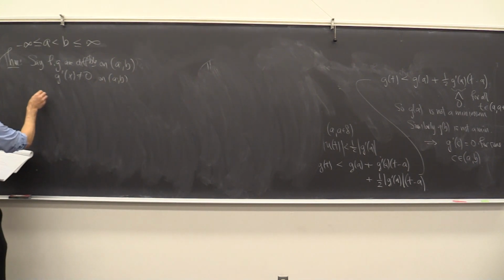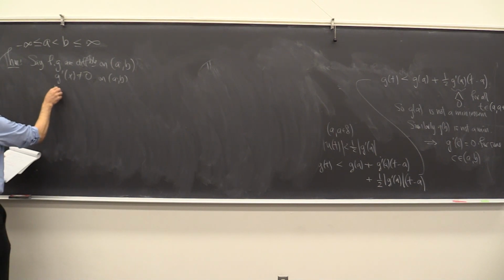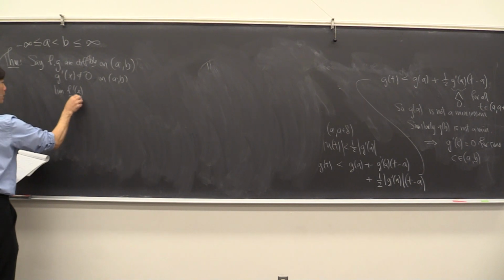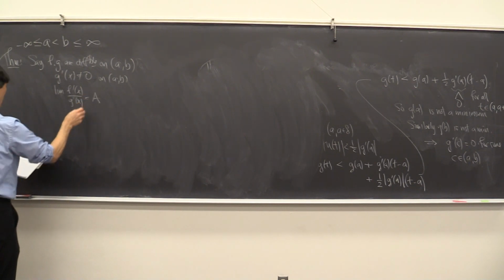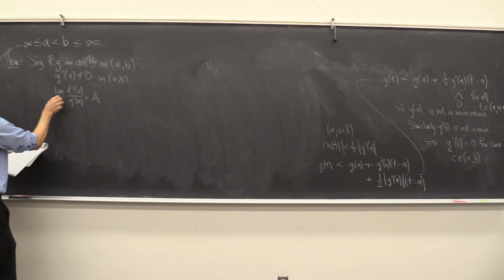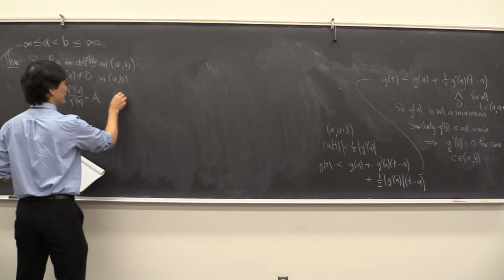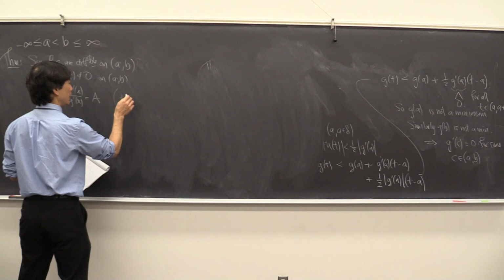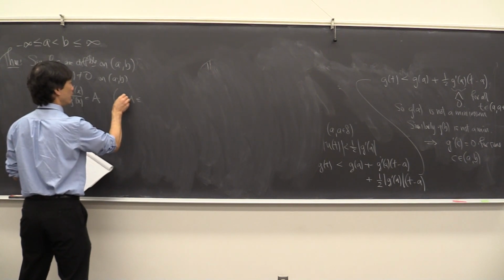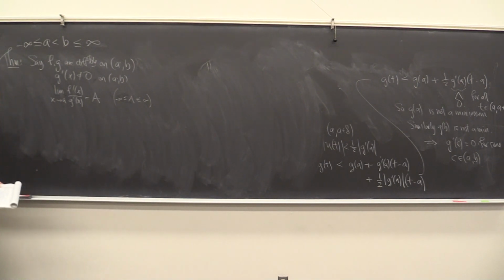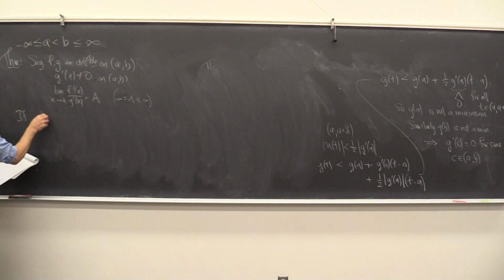Okay, and suppose that the limit of the quotient of the derivatives is some value A as x approaches a. And a again could be finite or infinite. So A could be positive or negative infinity, or any number in between. So here's the one that you probably are familiar with.